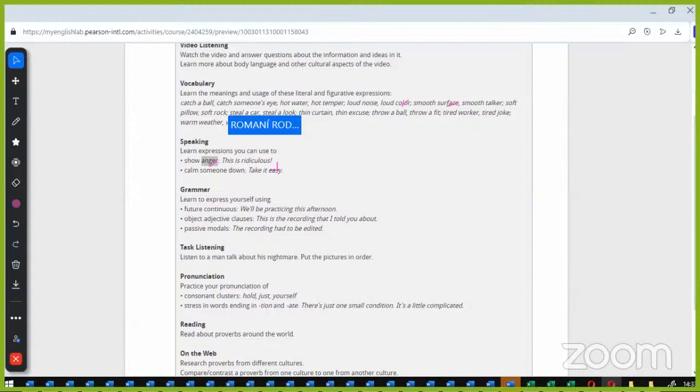Soft rock. Okay, so soft rock would mean, basically, in the literal sense, it's like a rock that is very soft, like sandstone.